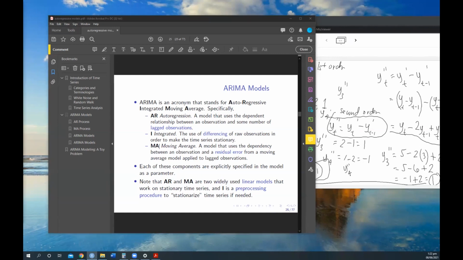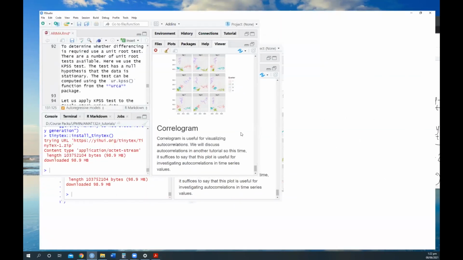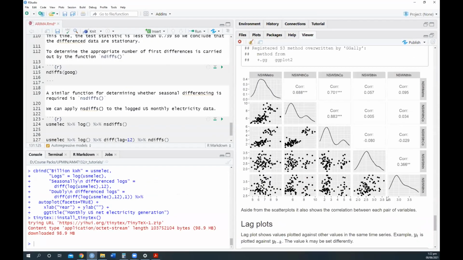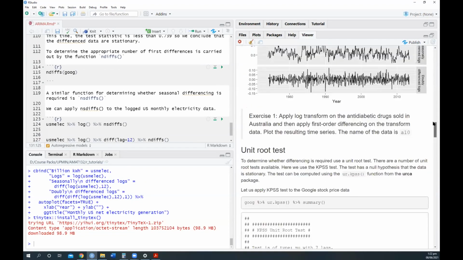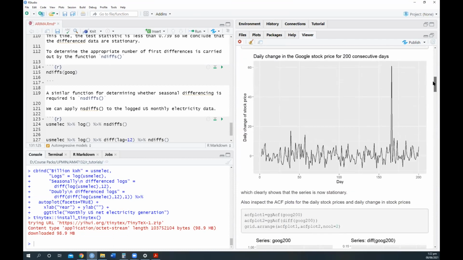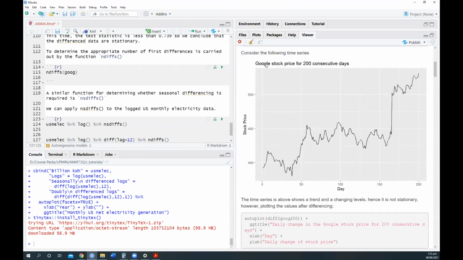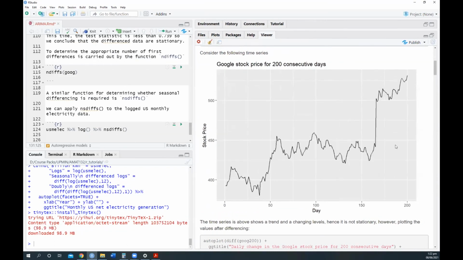Okay, I have actually prepared here a small code. So if you can see here, this is the original Google stock price on your left. And you see that this is not actually stationary because you have the changing level and there's also some kind of trend here.